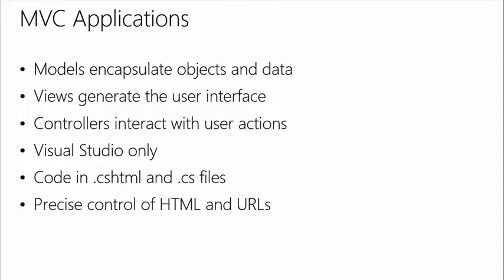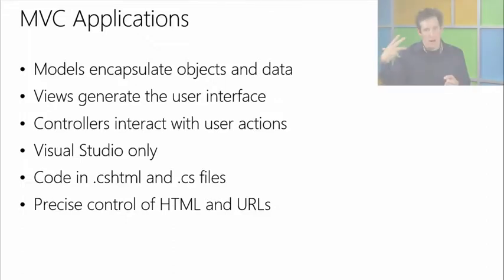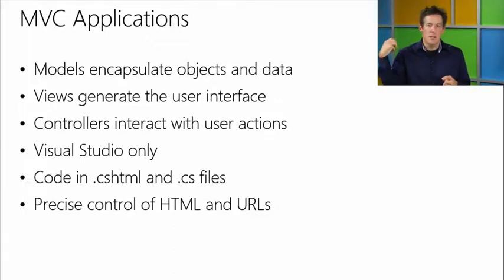My controller is going to get the request from the user, take the information, pass it back to the model, and let the model do its thing. It's then going to take the response back from the model, combine that with the view, and send that out the door. So you get this very nice, clean separation of concerns. You get testability, because at the end of the day, a controller is nothing but a class. Your models are obviously just classes.